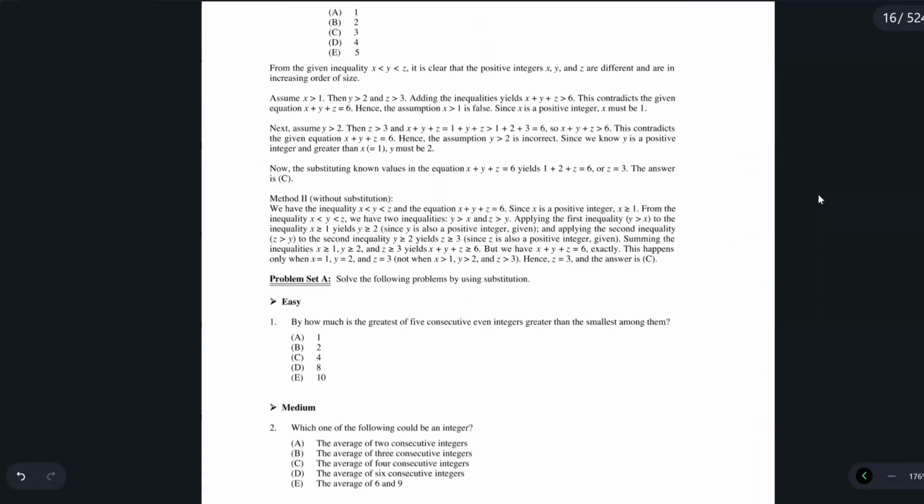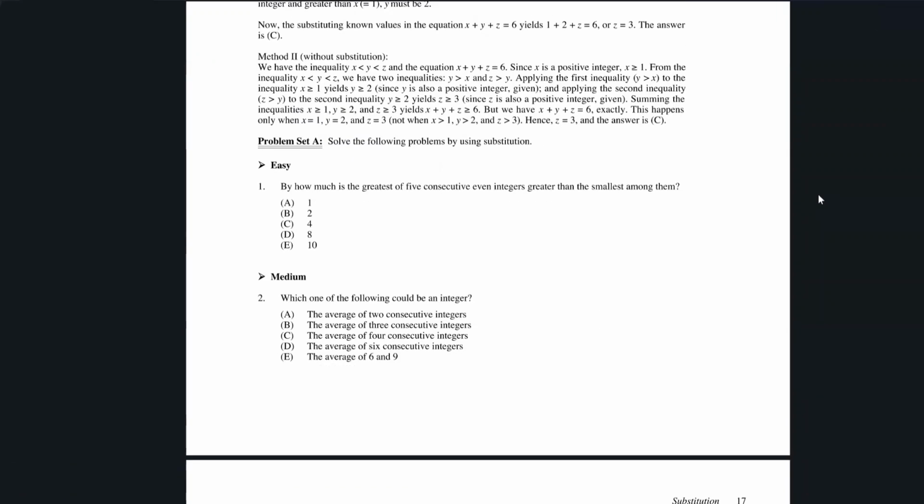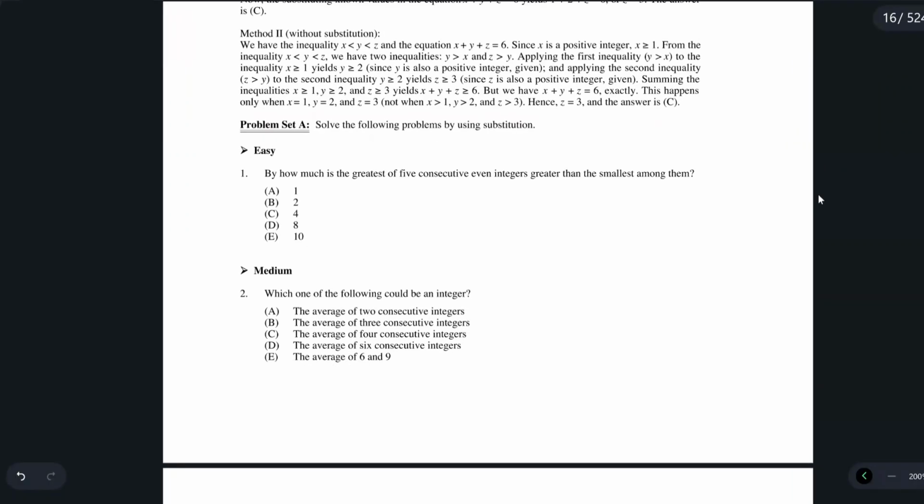The first problem, if you look, is in the category of easy. Question number one asks: by how much is the greatest of five consecutive even integers greater than the smallest among them? So let's try to solve it.